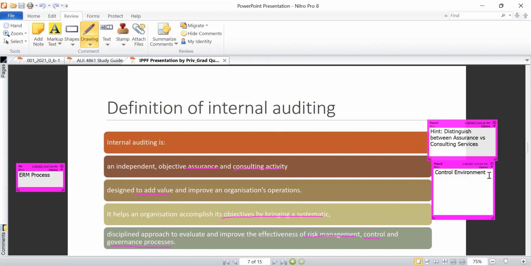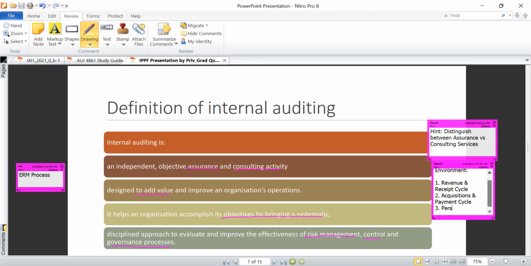Now, when I'm talking about the control environment, I'm talking about the different departments or the different process activities, which could be, for example, revenue and receipt cycle. Number two, acquisitions and payments cycle.